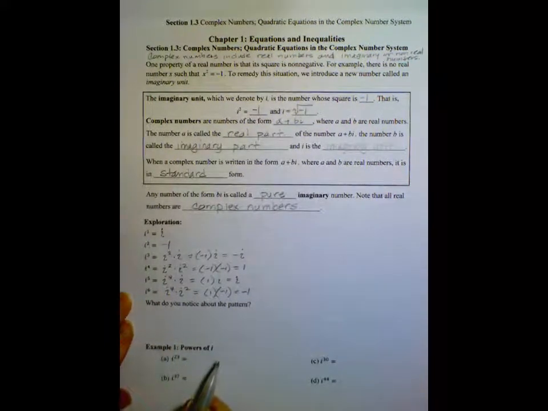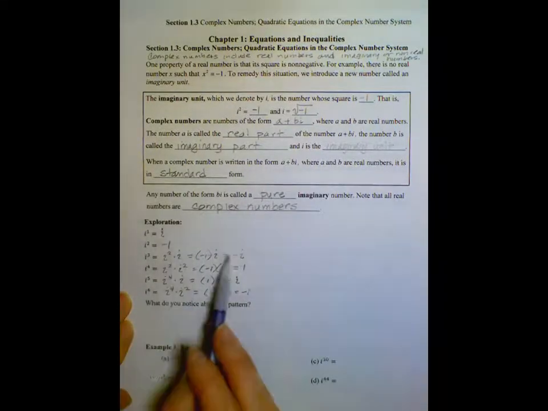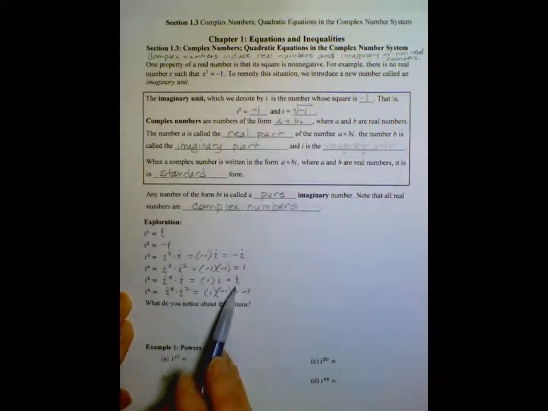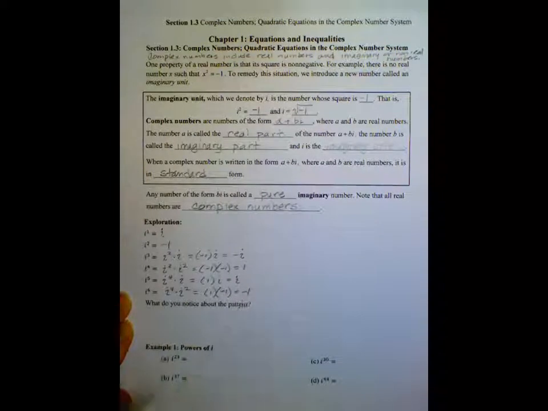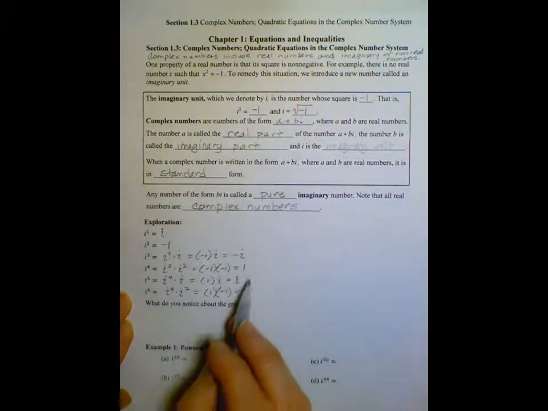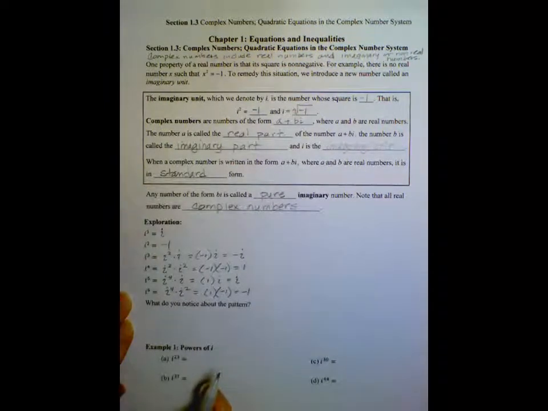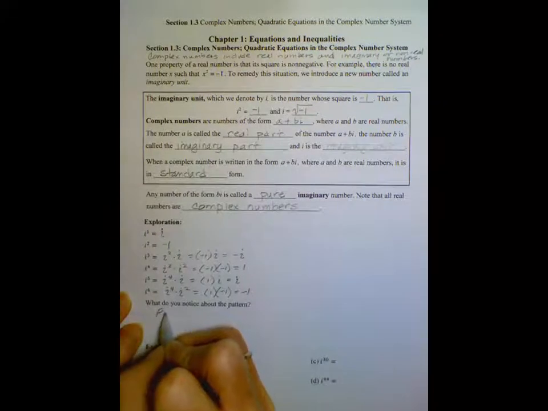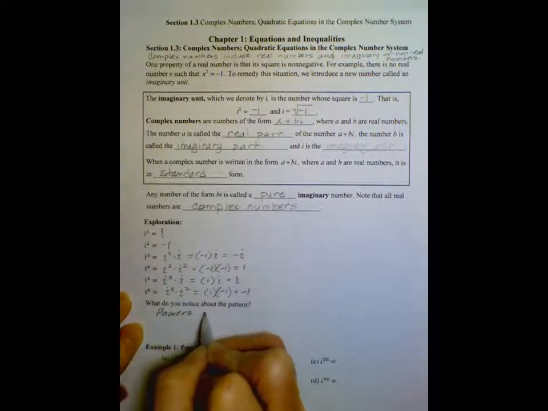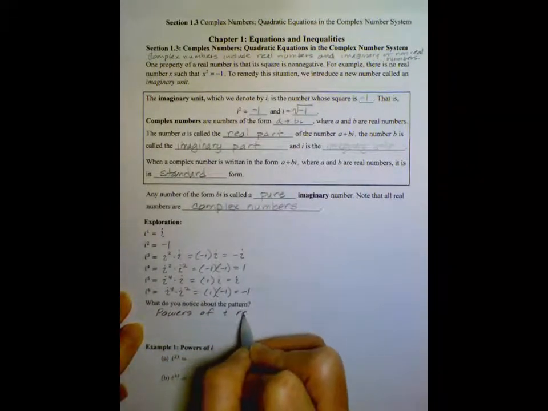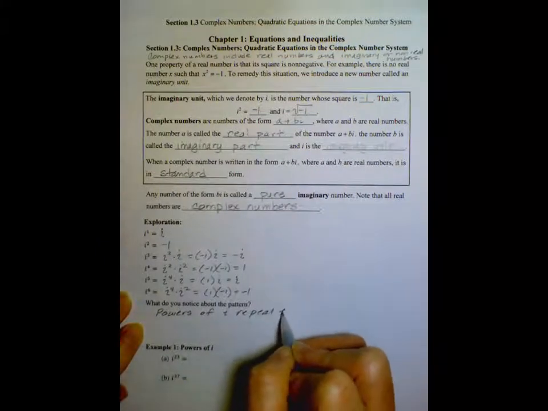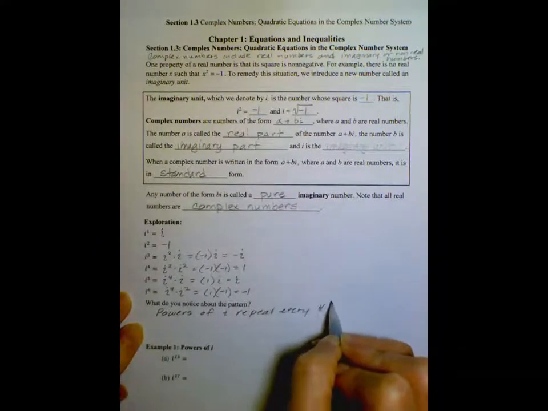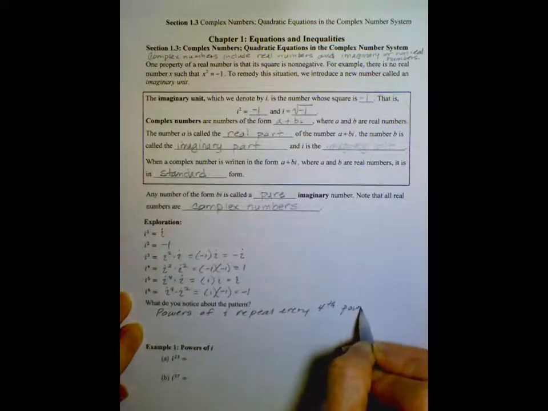What are you noticing about the pattern here? We had i, -1, -i, 1. i, -1. What do you think the other two would be? -i and 1, right? So what we notice is that powers of i repeat every fourth power.